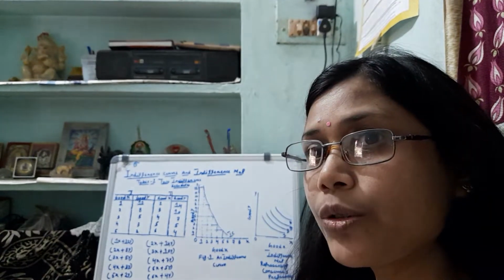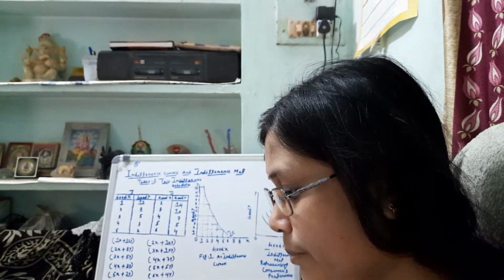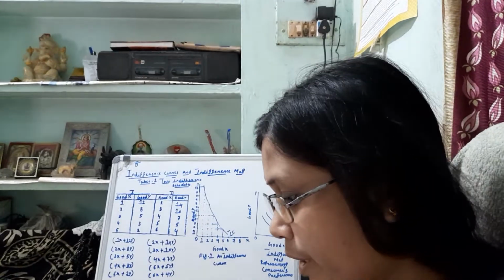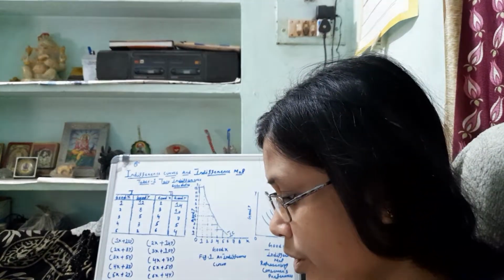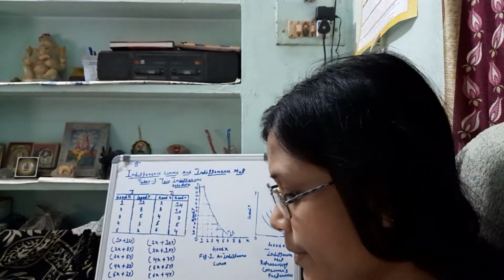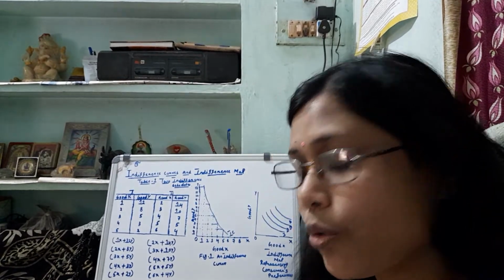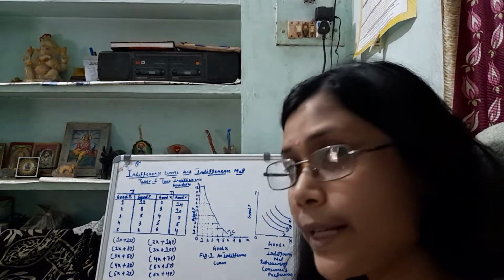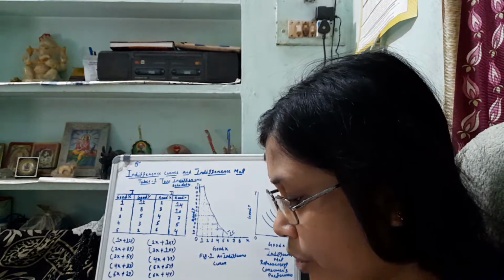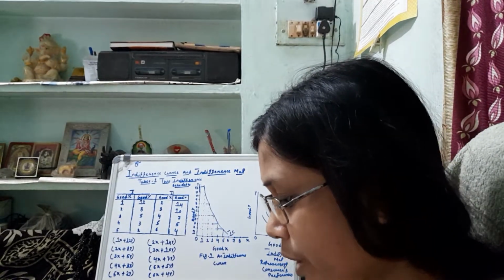The basic tool of Hicks-Allen ordinal analysis of demand is the indifference curve, which represents all those combinations of goods which give the same satisfaction to the consumer. Since all the combinations on an indifference curve give equal satisfaction, he will be indifferent between them.